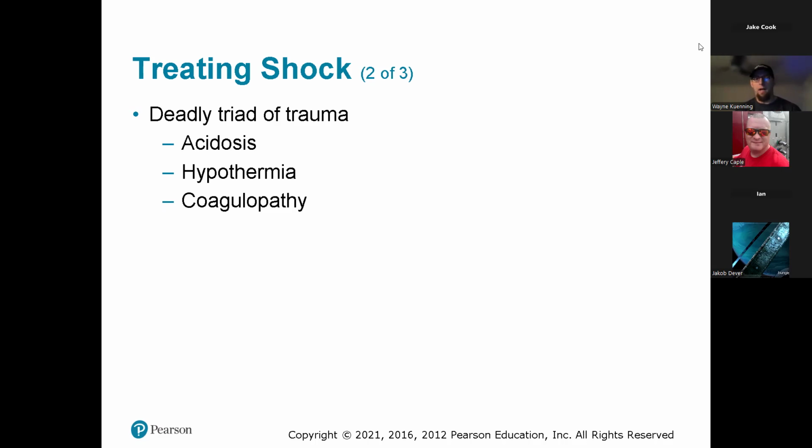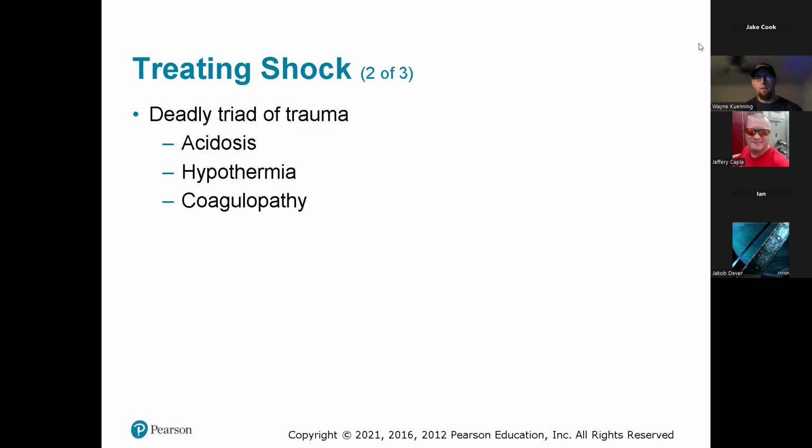Hypothermia. Hypothermia actually directly leads into the third portion of this, coagulopathy. Coagulopathy is a big fancy word for the inability to create a blood clot. Coagulopathy is typically affected in 3 ways. The biggest one is loss of platelets. That's going to be in your trauma patients.